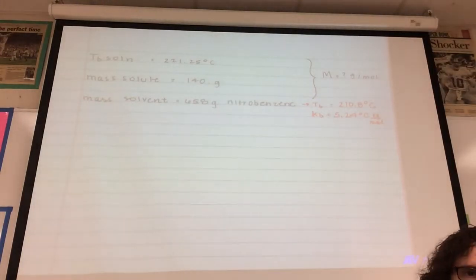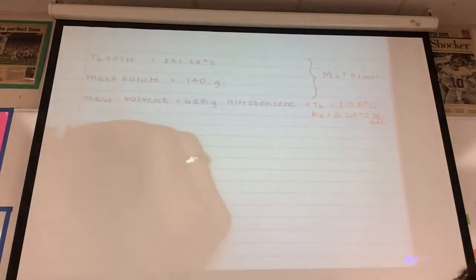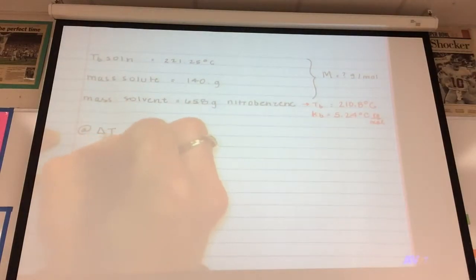And at this point, you're going to process it grossly similarly to the way that you did from the freezing point data that we used yesterday. In the first step, you need to calculate delta TB.